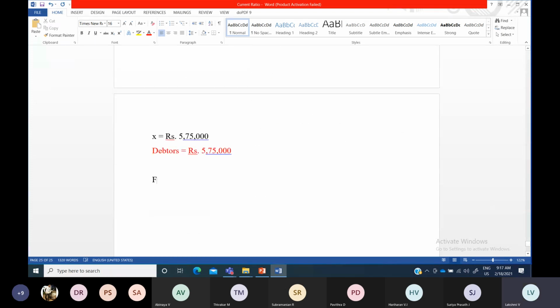Okay. So the next part of our question is fixed assets to net worth. They have given us 53.2%. Now fixed assets to net worth, how can we write it? Fixed assets divided by net worth, and you can mention 53.2%.